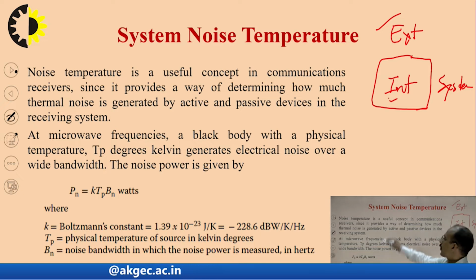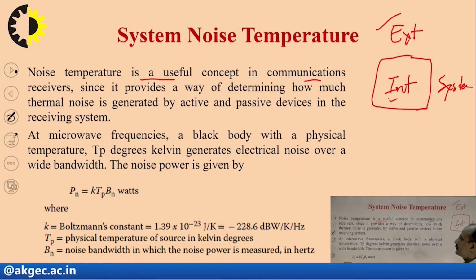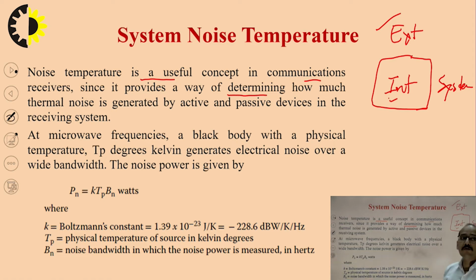The noise temperature is a useful concept in communication receivers, since it provides a way of determining how much thermal noise is generated by active and passive devices in the receiving system.